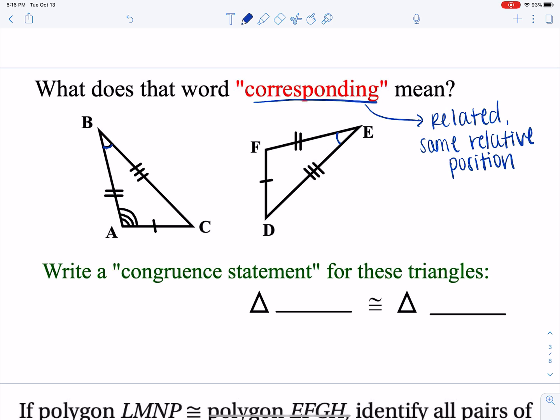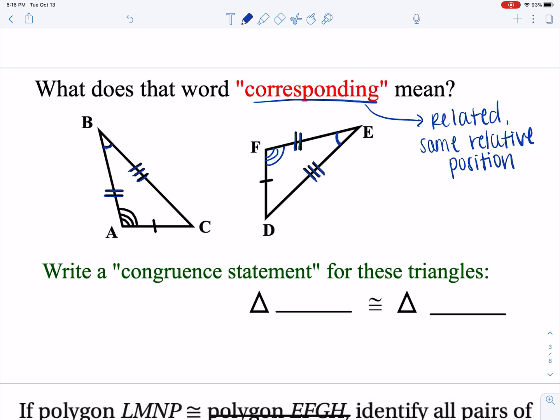It would correspond with angle E, because those are both between the 2 tallies and the 3 tallies. I know those are in the relatively same position, even though the triangles are not oriented exactly the same way. And so angle A would correspond with angle F. Side DE would correspond with side BC, and so on.